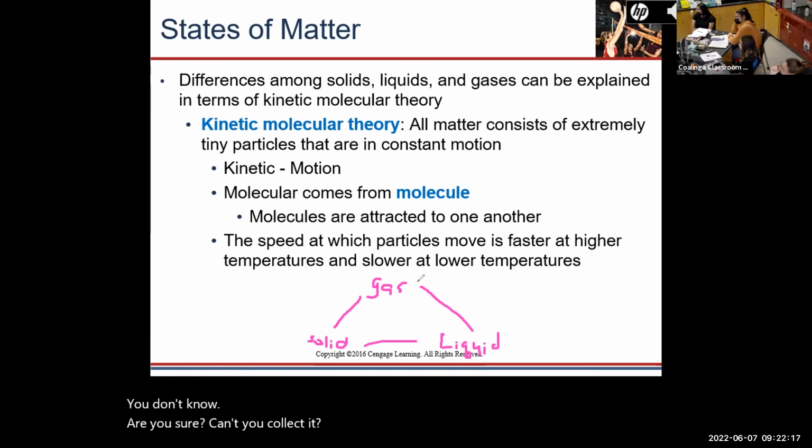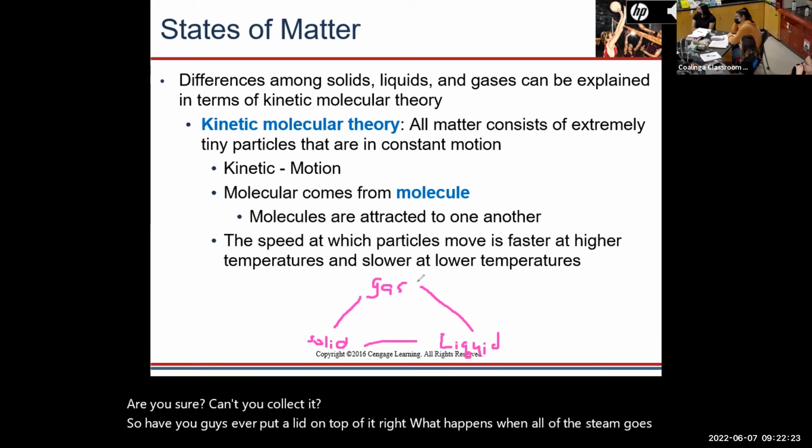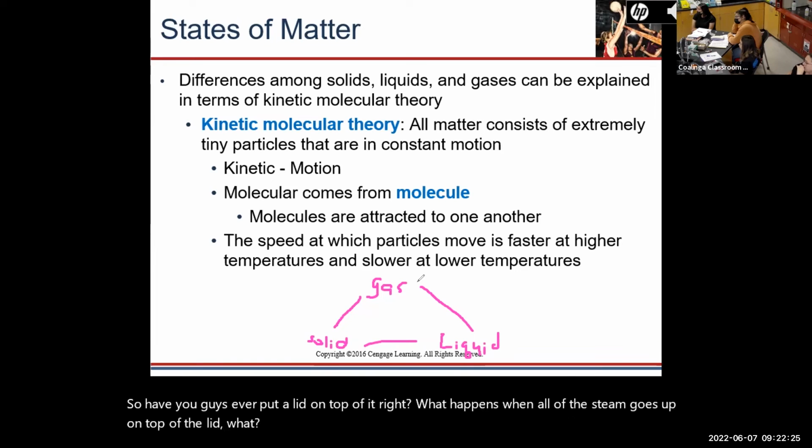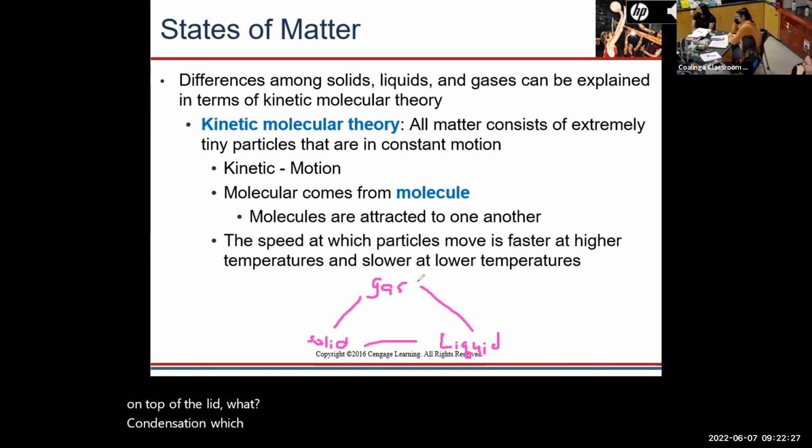Have you guys ever put a lid on top? What happens when all of the steam goes up on top of the lid? Condensation, which means you're going from a gas back to a liquid, right?